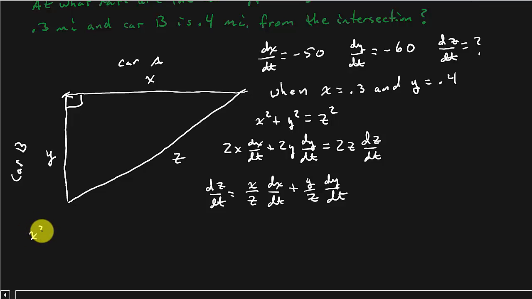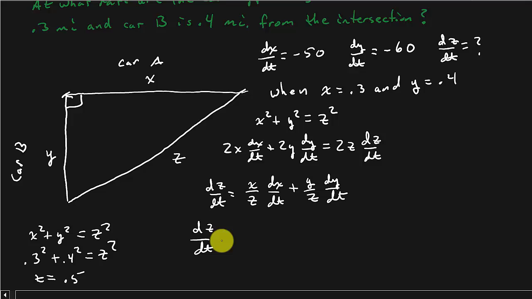So I've got x squared plus y squared equals z squared. So let's see, that's 0.3 squared plus 0.4 squared equals z squared. I believe z is going to be 0.5. So there we go. dz/dt is equal to 0.3 over 0.5 times negative 50 plus 0.4 over 0.5 times negative 60.